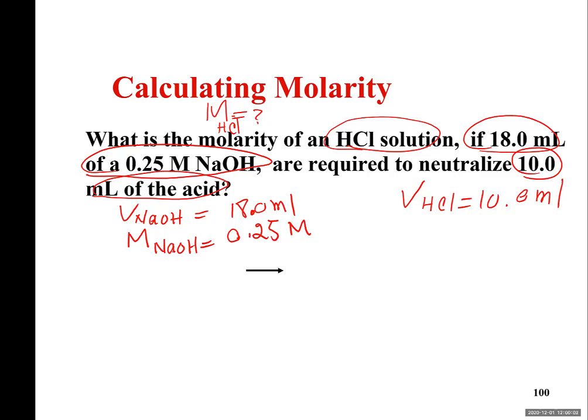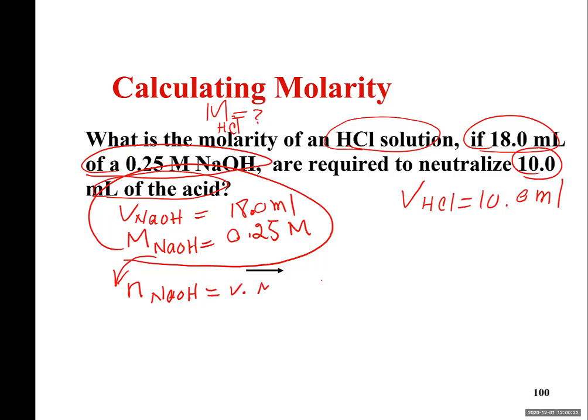Guys, because I have the molarity and volume of the base, can I calculate the number of moles of the base here? Remember, that was the plan we said. Calculate the number of moles of the chemical that you have volume and molarity. Number of moles is volume times molarity. The volume is 18 mL.